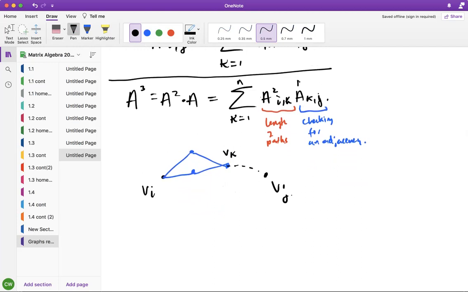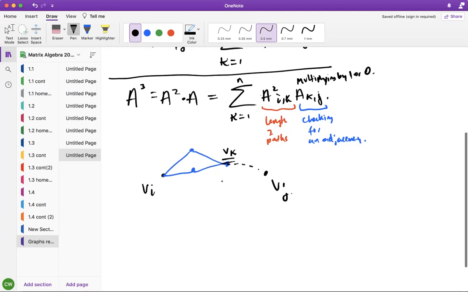So this is just multiplying by 1 or 0. If there's no connection, then there's no length 3 paths. If there is a connection, then there is one length 3 path. And you do this for all vertices.